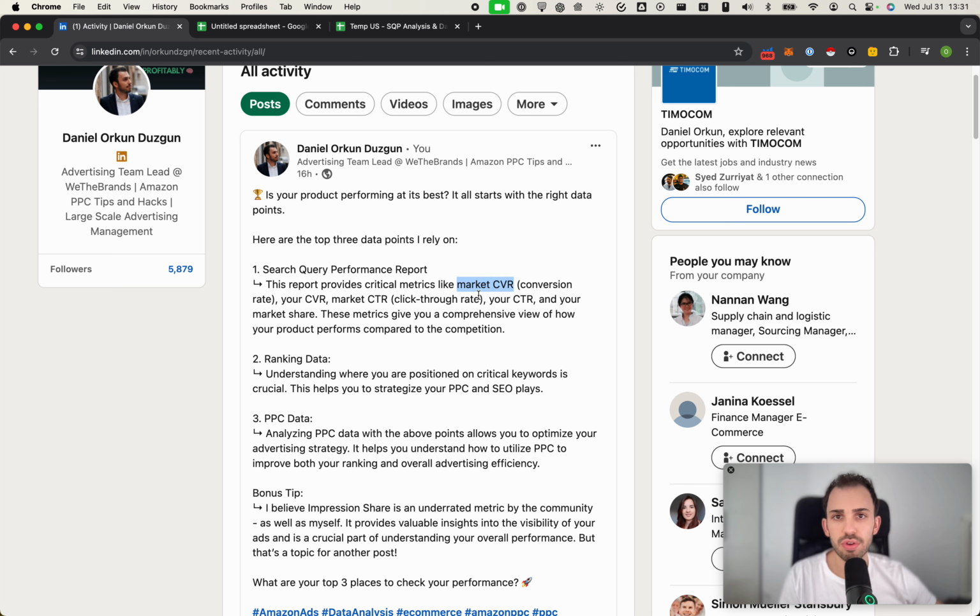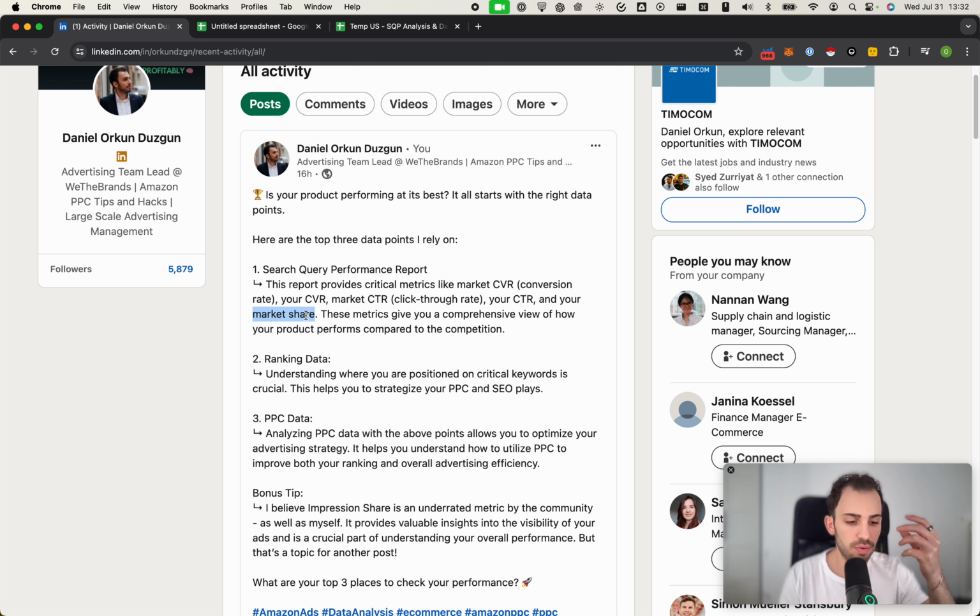On your top keywords, you can see your conversion rate, your overall market click-through rate, your click-through rate, and your market share: impression share, click share, and purchase share. So why are those important?